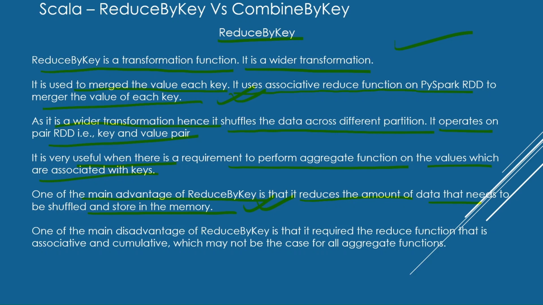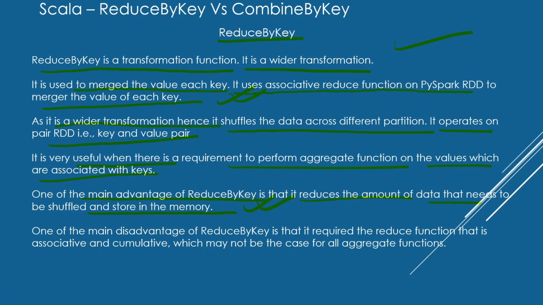So after the merging in one partition, what is the total amount of data it would be? Suppose there are 4 unique keys present. So only 4 data points it will create with the value. So suppose in the raw partition 100 MB of data is there, and as the result of the aggregation on that particular partition, the data could be 1 MB.